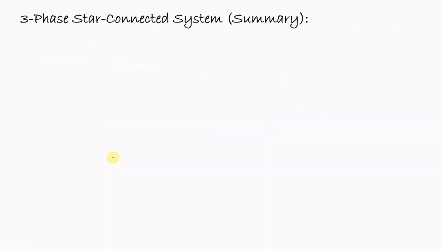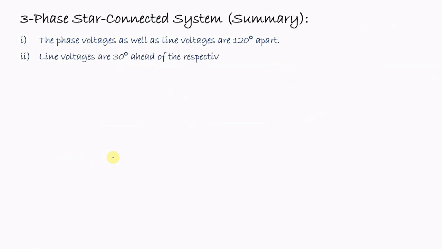So now the summary for a star connected three phase system. The phase voltages as well as the line voltages are 120 degree apart from each other. Line voltages are 30 degree ahead of the respective phase voltage.